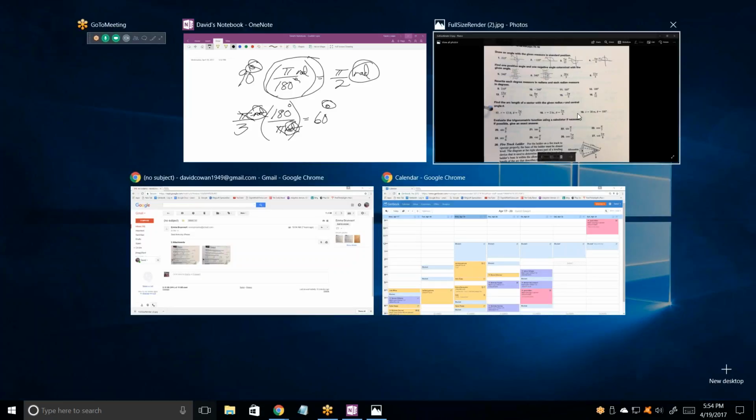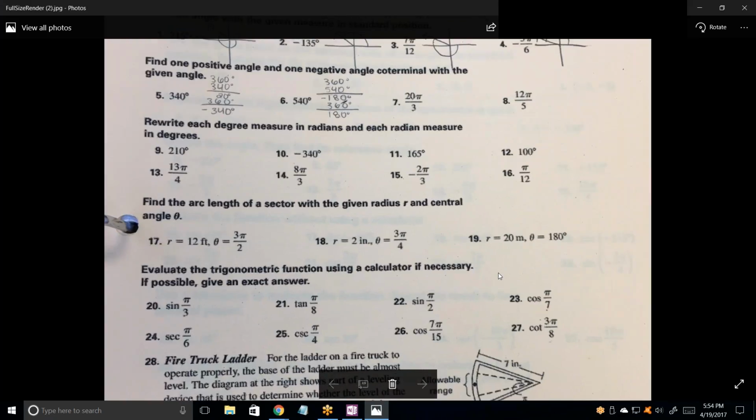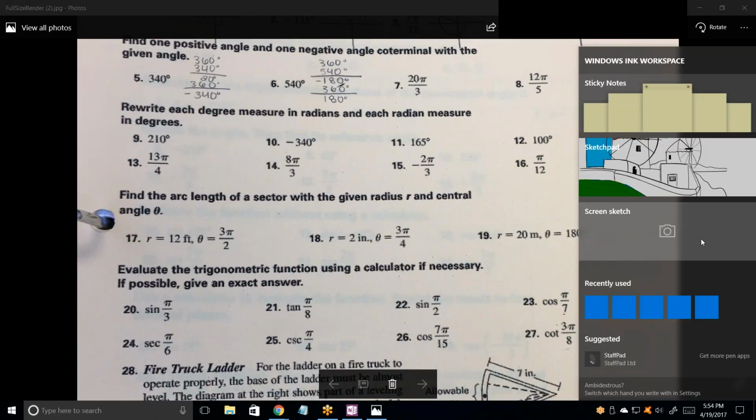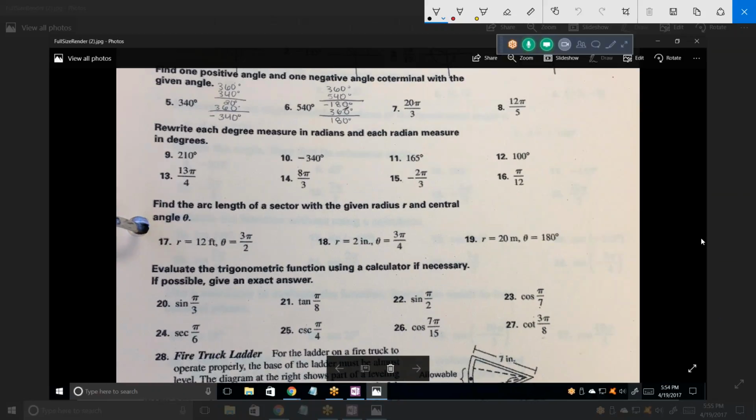Okay. So, hold on. Let me get each of these up here, so I can write on this screen. All right, so let's do 9. Tell me what the conversion factor is. Pi over 180.